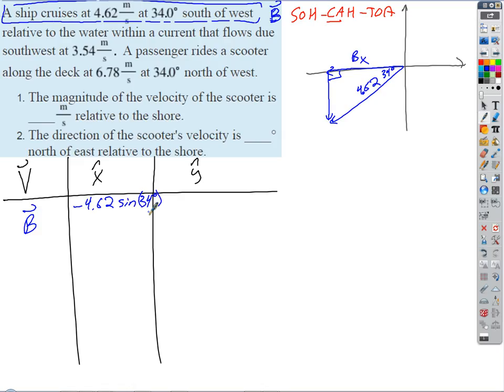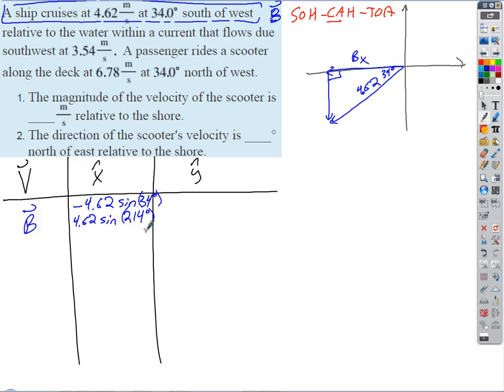Or I could just say positive 4.62 times the cosine of the whole angle, which would be what? Okay, good. 180 plus 34, so 214. We get the same answer either way.